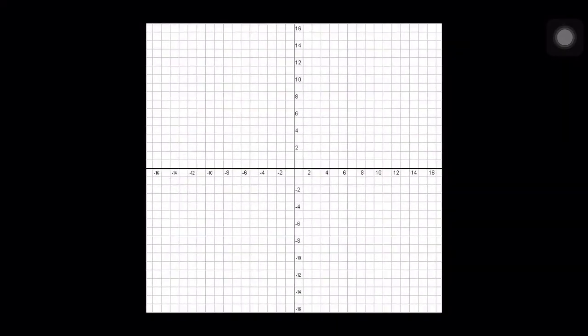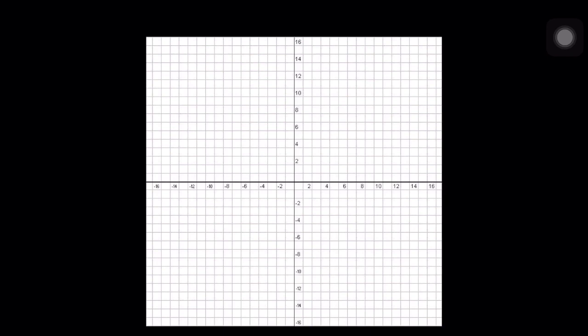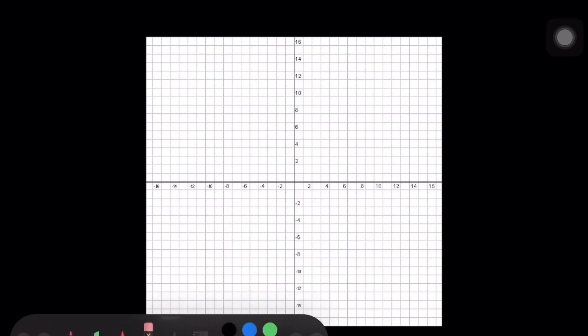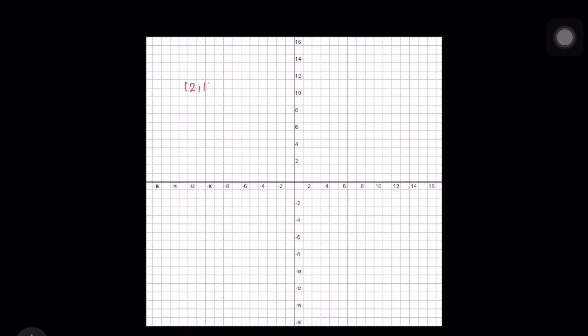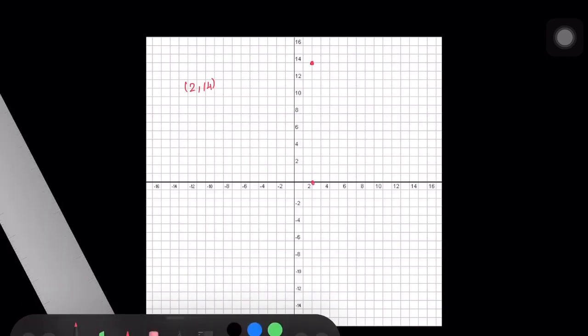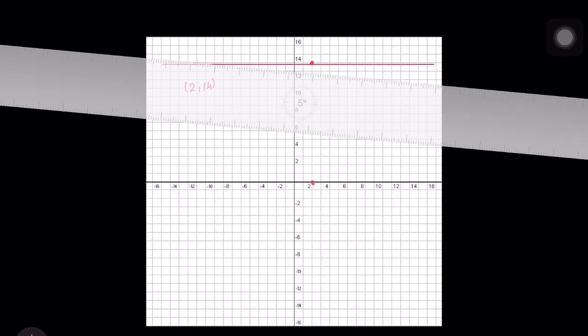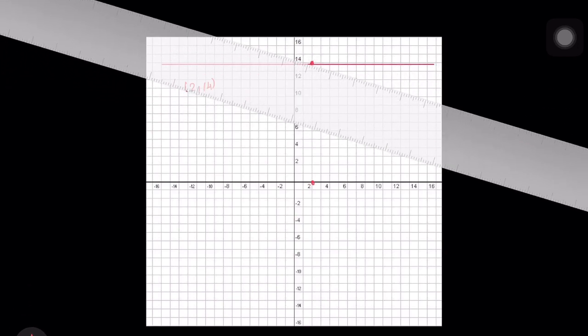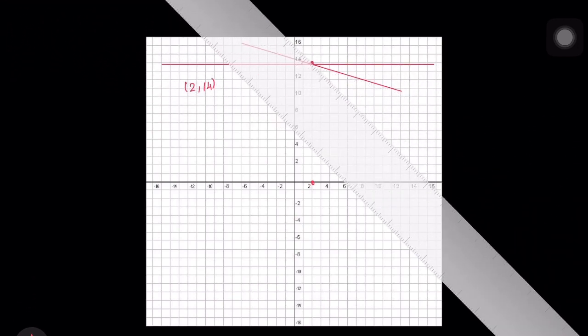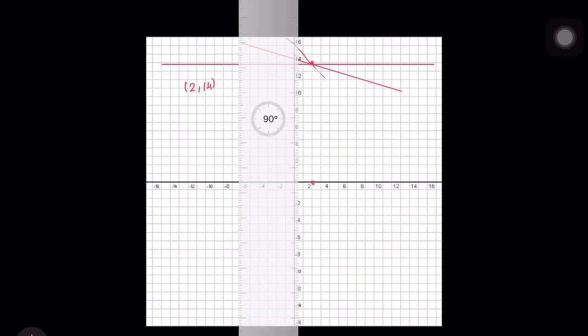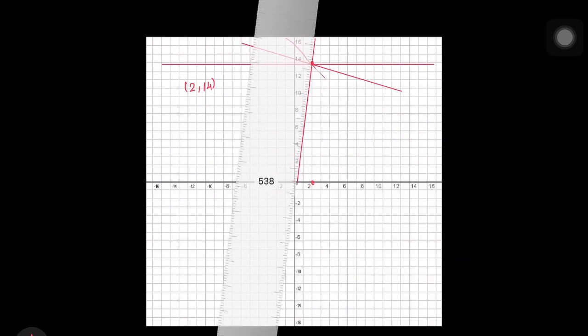For example, the given point is 2 comma 14. So this is a line, and we can make an infinite number of lines like this.